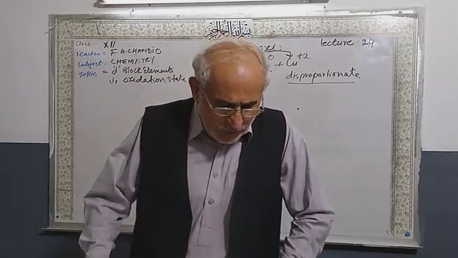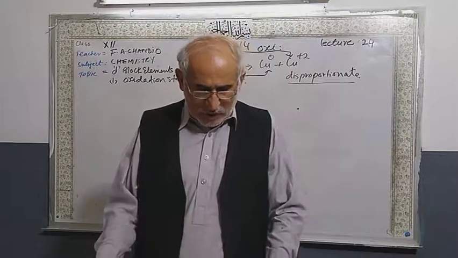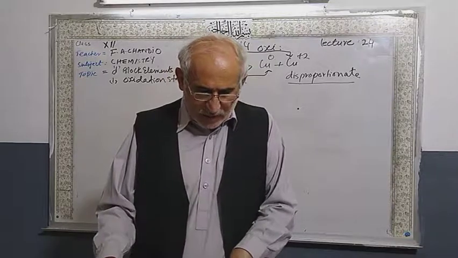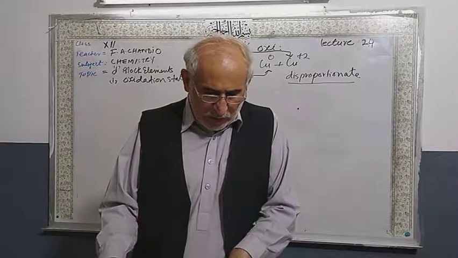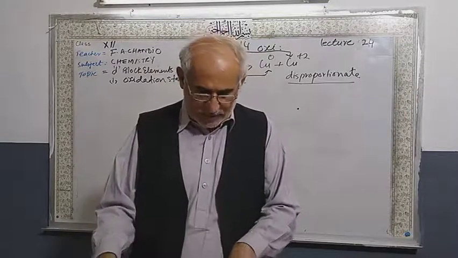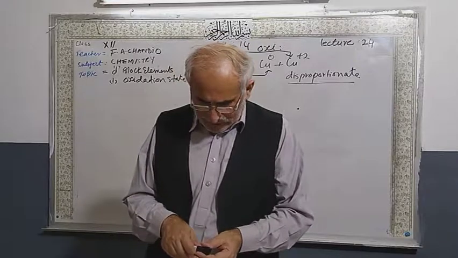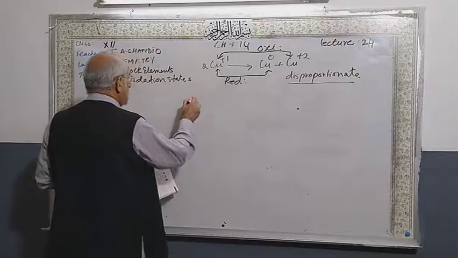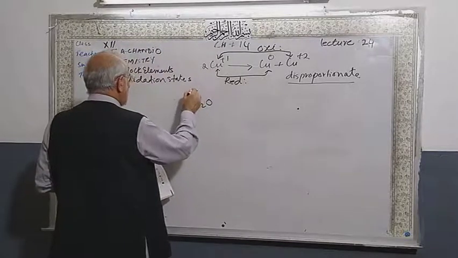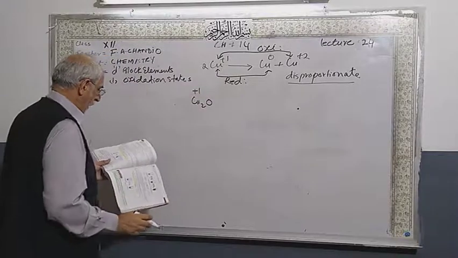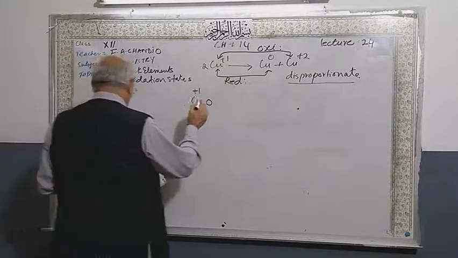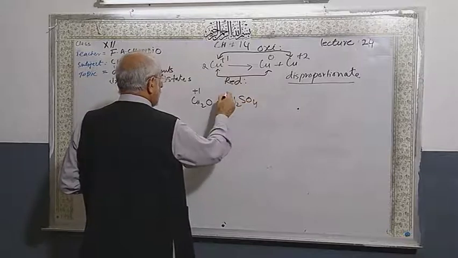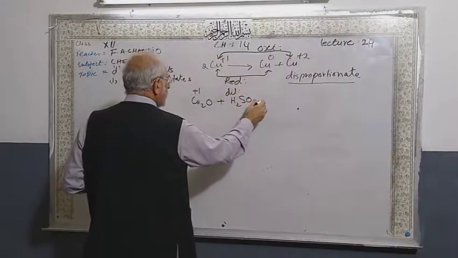The above reaction is supported by the fact that when cuprous oxide is dissolved in dilute sulfuric acid, the products formed are copper sulfate and copper 0. The reaction is given here. This is cuprous oxide, the oxidation number of copper is +1, dissolved in dilute sulfuric acid.